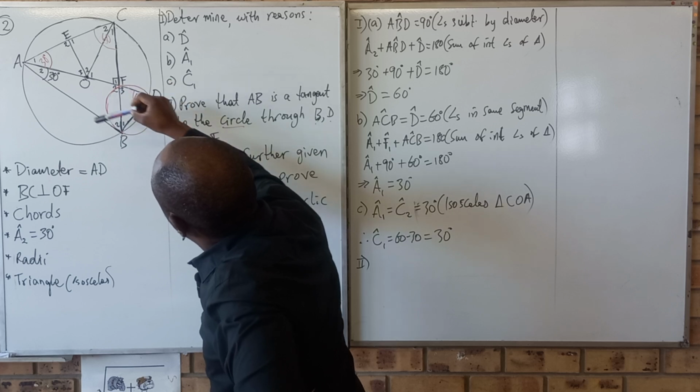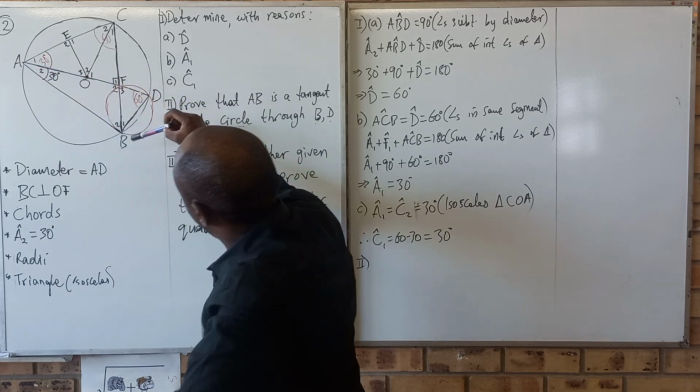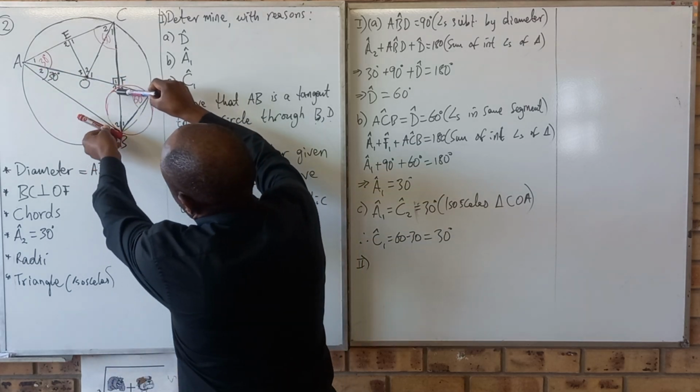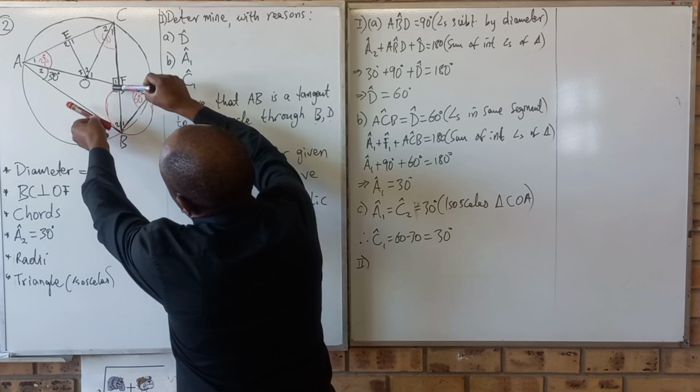And for AB to be a tangent, you start seeing the possibility of the tan chord theorem.